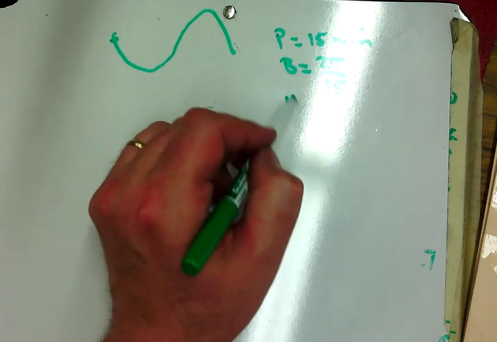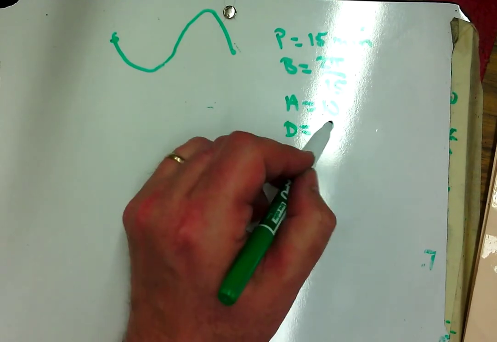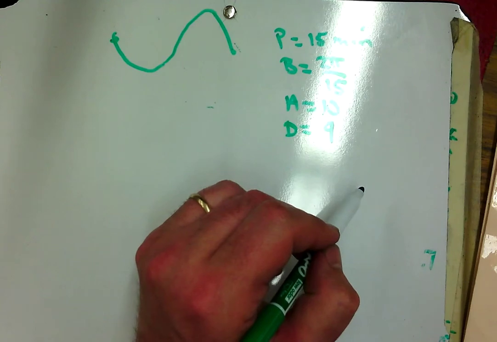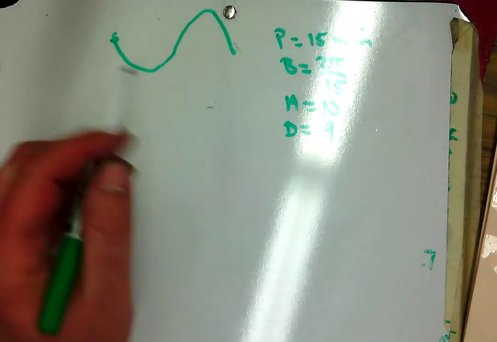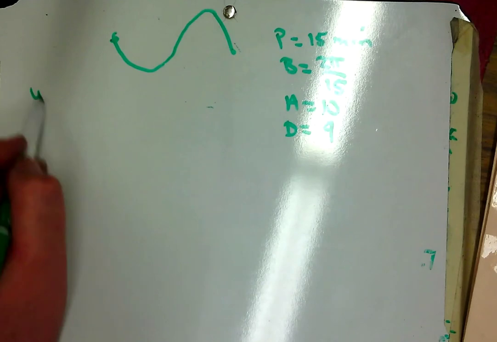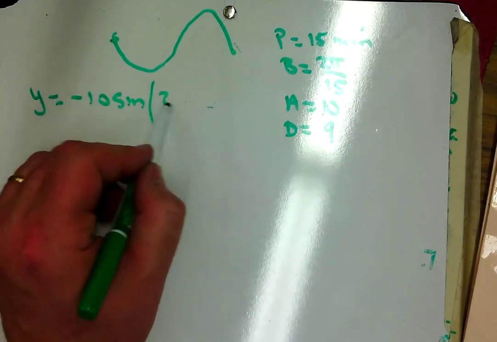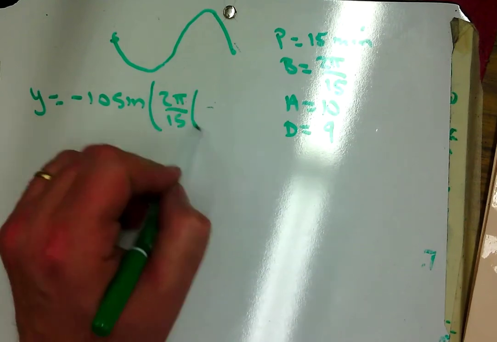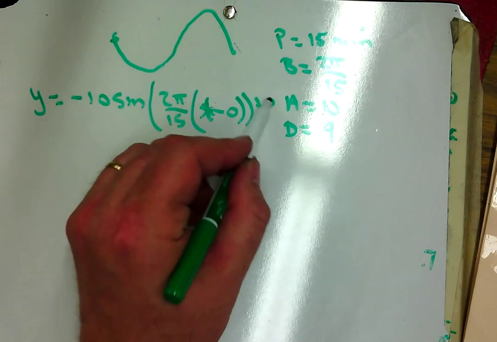Tsunami with an amplitude of 10, and the depth of water is 9. Assuming the depth of water varies sinusoidally, predict the depth of water at these various times. Okay, well, let's build that model. We've got y equals negative 10 sine 2 pi over 15, x minus 0, plus 9.